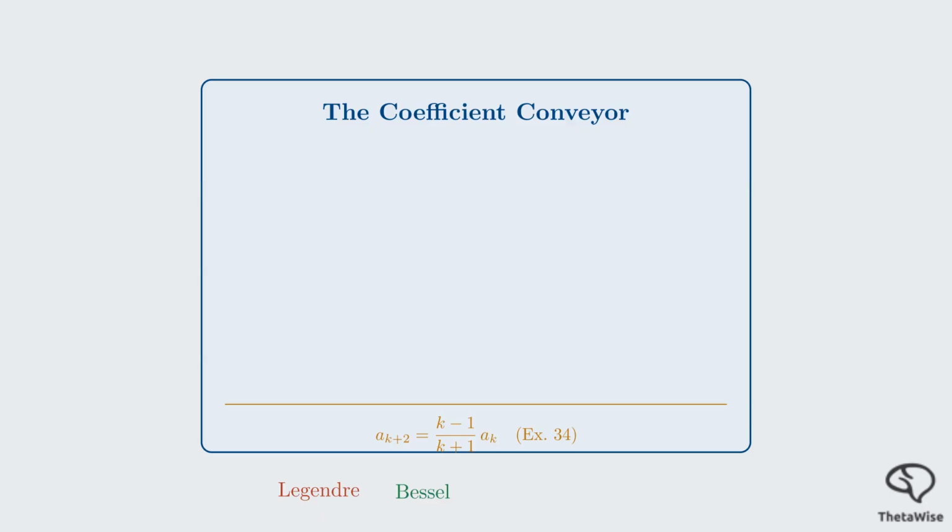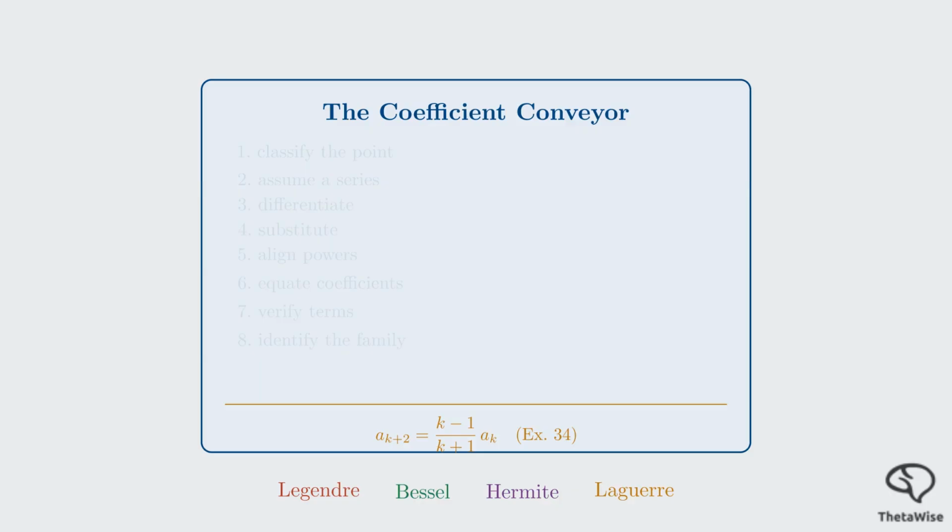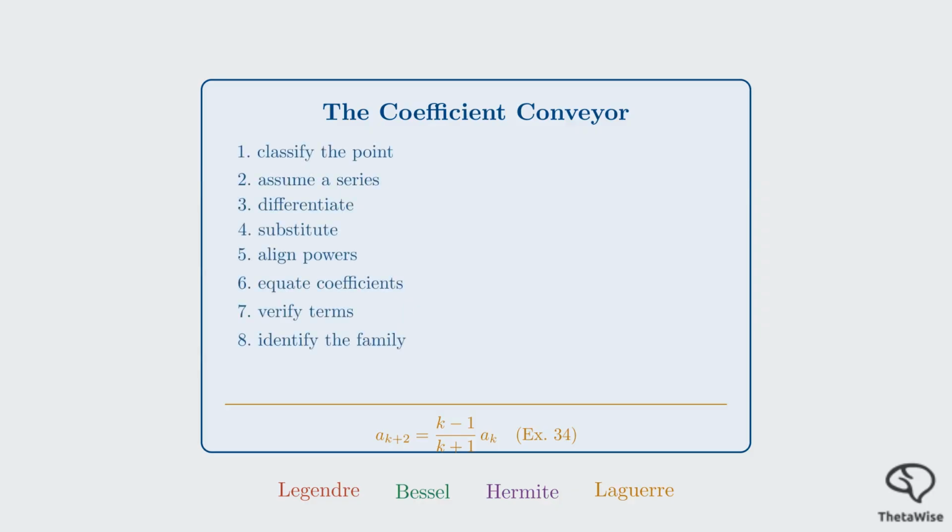Hermite and Laguerre recurrences produce polynomial families with their own parity, generating, Rodrigues, and weighted orthogonality formulas. When solving a new problem, do not memorize disconnected formulas first. Rebuild the conveyor, choose the series, substitute, align powers, equate coefficients, and verify the first terms. That algorithm is the reliable path from a differential equation to its series solution.